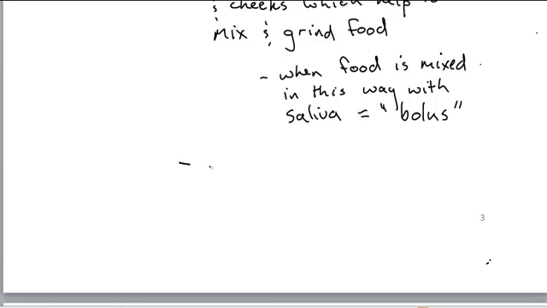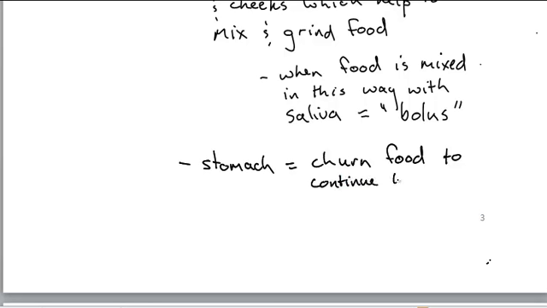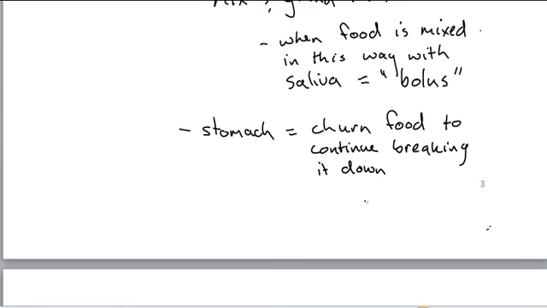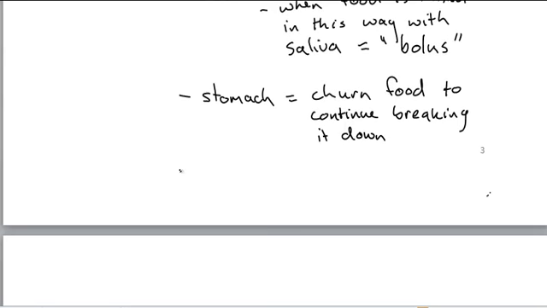Mechanical processing also continues to occur in the stomach where rhythmic waves actually serve to churn the food, to continue breaking it down. And there's one more site of mechanical digestion.